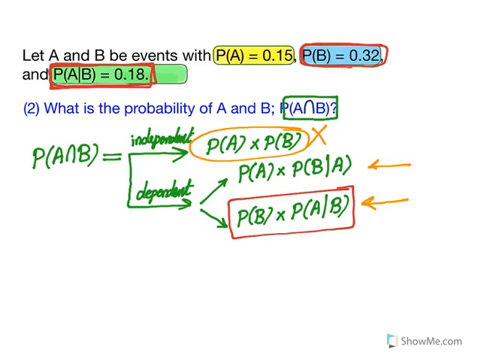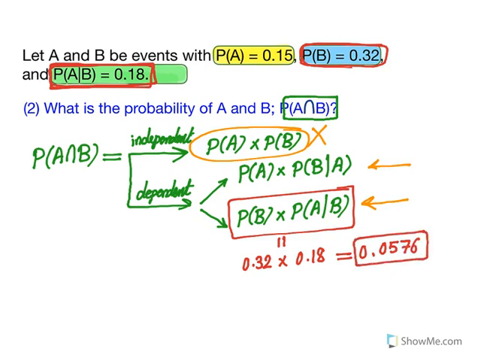So you can use this formula and say this is equal: probability of B is 0.32 times probability of A given B is 0.18. And if you multiply these two on your calculator, you'll get 0.0576.